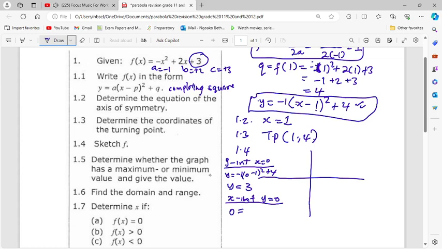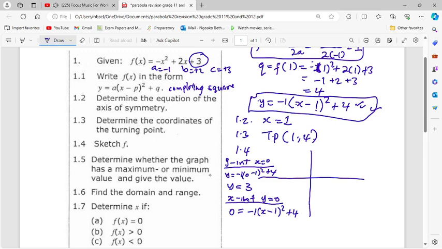We can use this one, but let's use the first one, but the simplest one will be this one here. So minus 1 into (x minus 1) all squared plus 4.